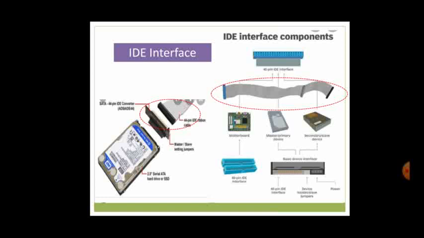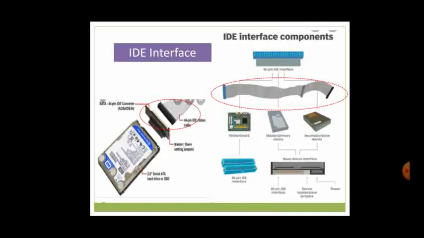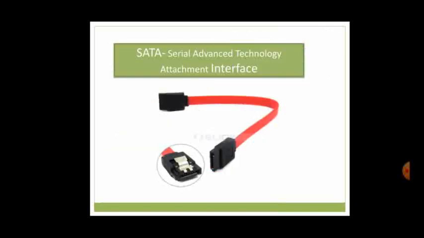Okay, so secondary device also consists of hard disk or CD-ROM, DVD-ROM. Okay, so here you can see how it is connected to the hard disk. Next one is SATA. So this is serial advanced technology attachment. So the advancement to the IDE is SATA. Okay, so serial advanced technology attachment.